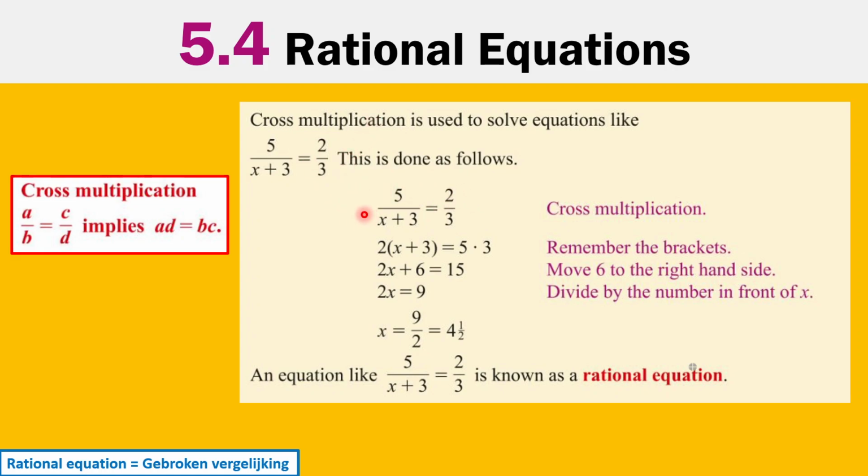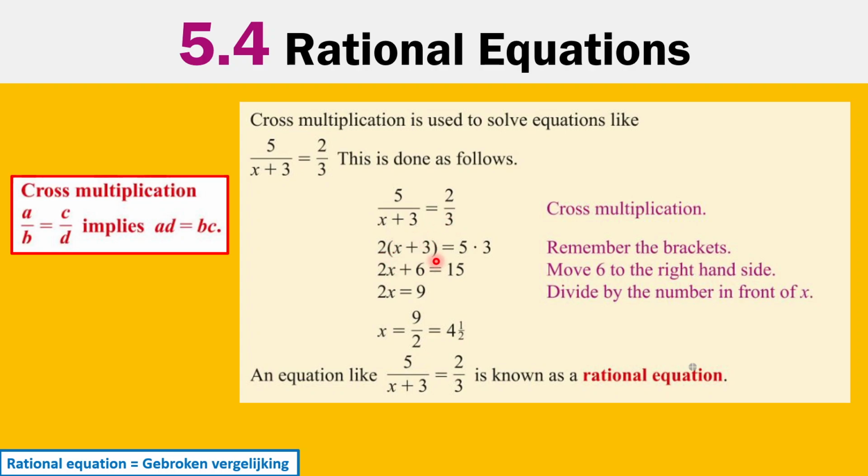Write it down and now just use cross multiplication, because you can say that this is a ratio. This divided by this is equal to this divided by this. If this was in the table form, I would say 2 times x plus 3 must be equal to 5 times 3. And that's how I get rid of my fractions here very quickly.